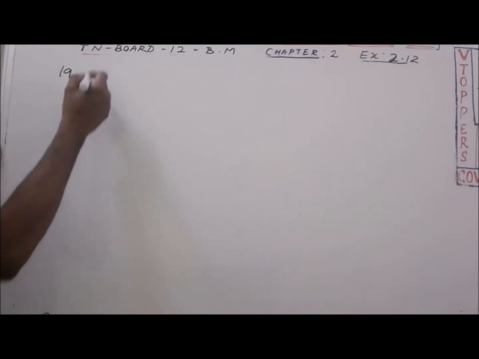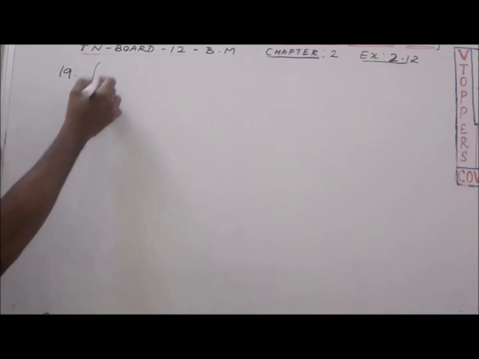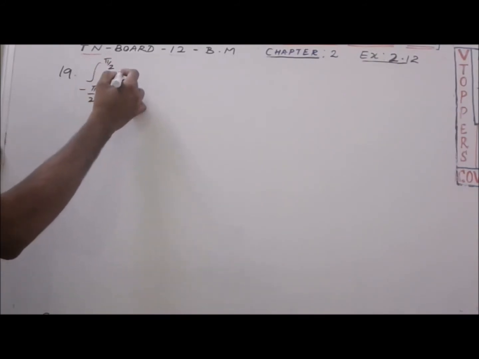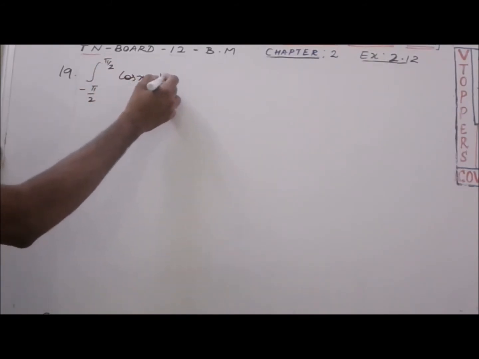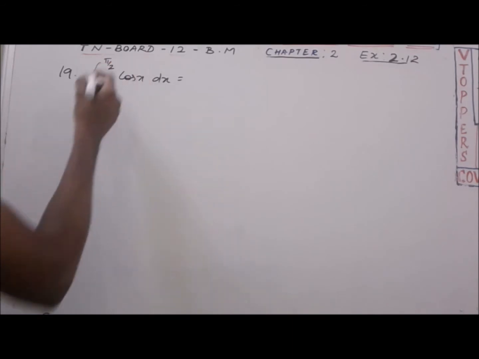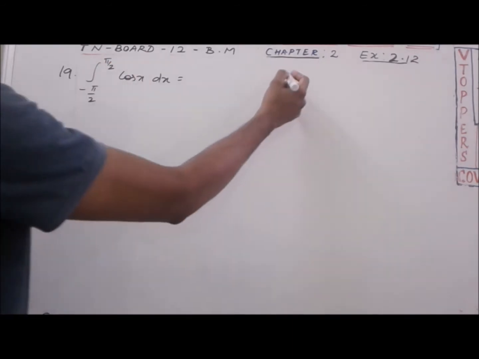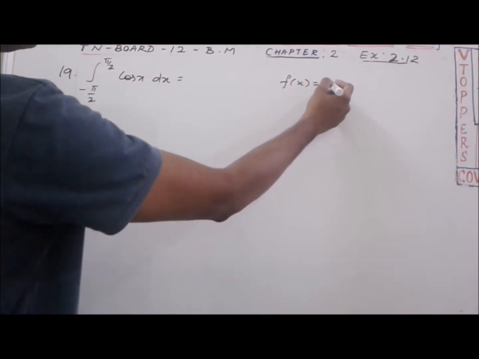Question number 19. The value of integral minus pi by 2 to plus pi by 2 cos x dx is given. Here minus a to plus a appears, so we should check whether the function is odd or even. f of x is equal to cos x.